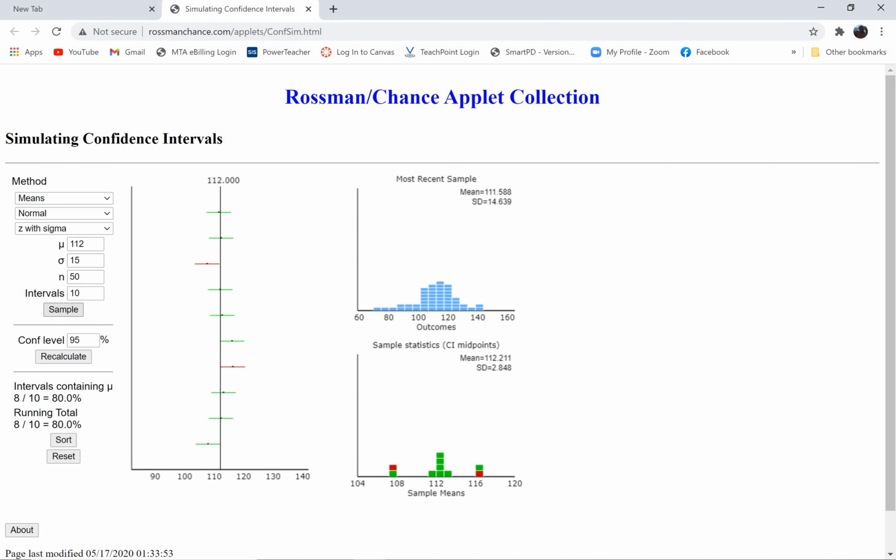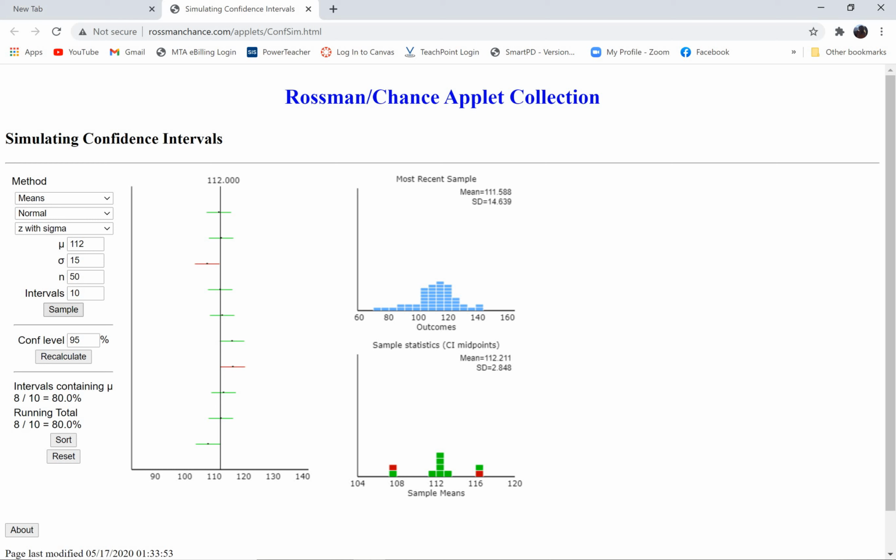All right, sample. So this calculated 10 samples and then created confidence intervals for those 10 samples. Out of these 10 samples, if 112 were the real population mean, 8 of them caught that mean, and 2 of them were slightly off and didn't actually catch the population mean.